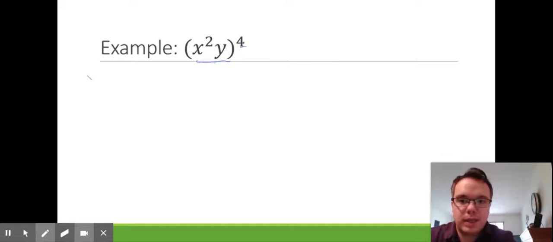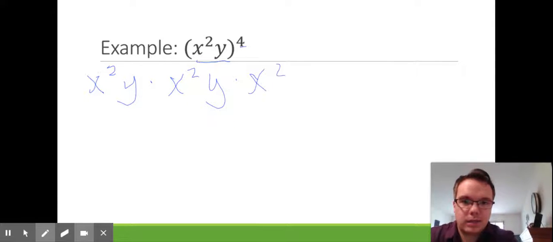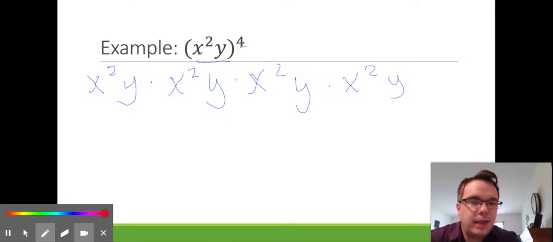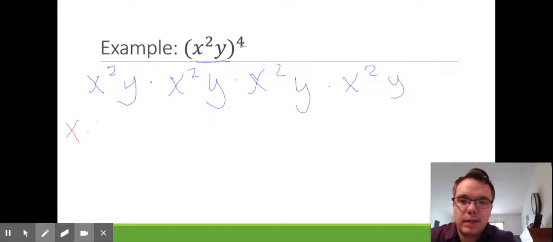So in this case, I have x squared times y times x squared times y times x squared times y times x squared times y. I'm not done writing out the multiplication yet because I still have powers that are bigger than 1. So I can write each x squared as x times x. So all 4 of those are going to turn to x times x times y.